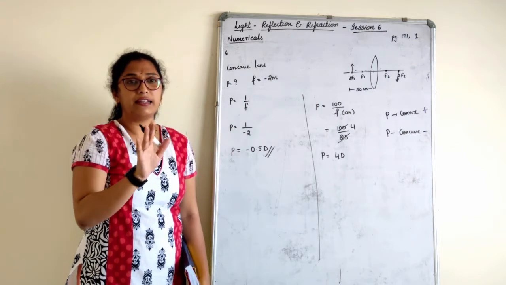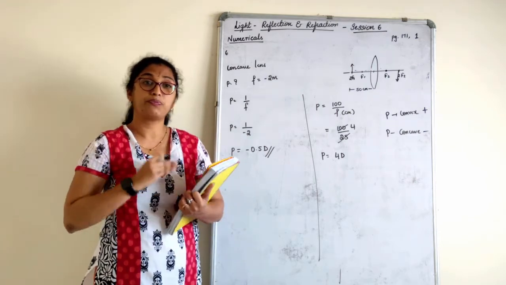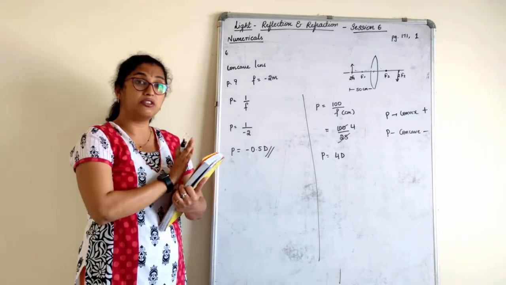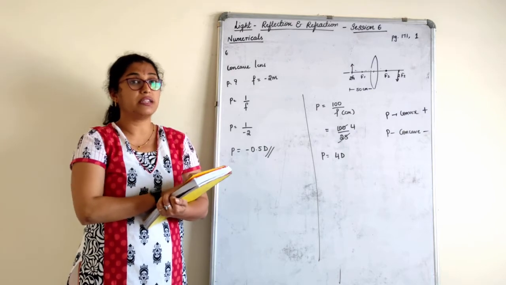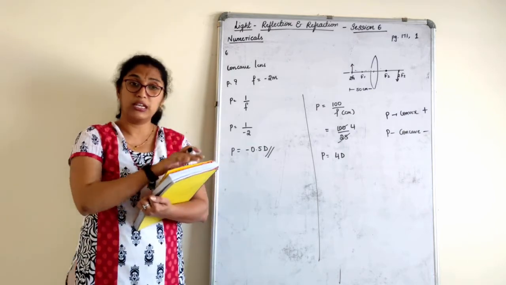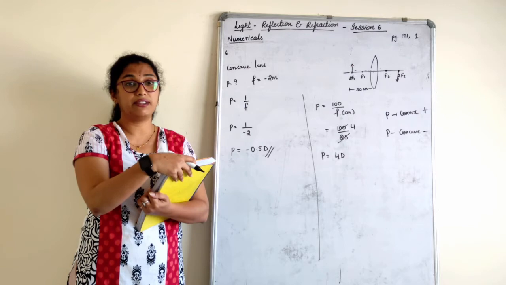If you are thorough with that, numericals are very easy. In tomorrow's session, I am going to start the worked example numericals, where we have many numericals based on sign conventions. Once we are done with that, we'll start with the exercise.